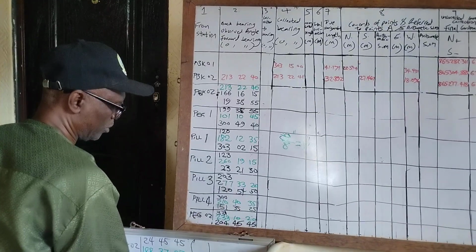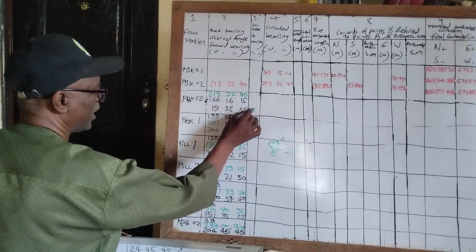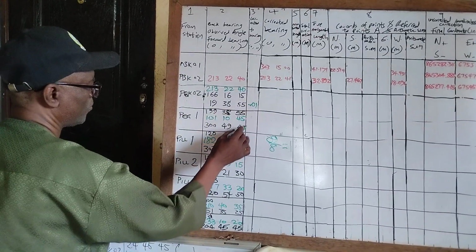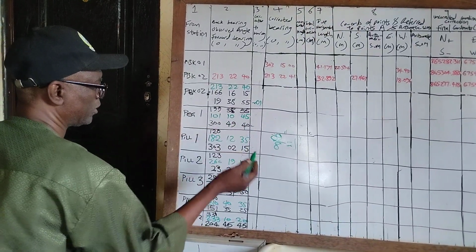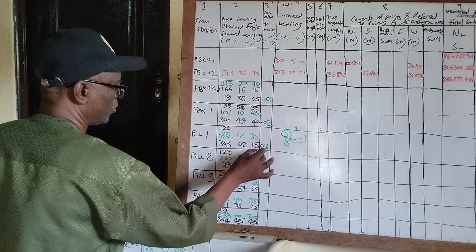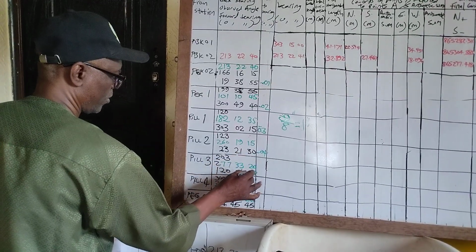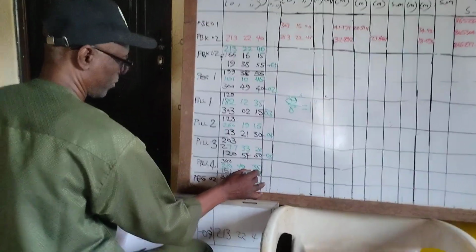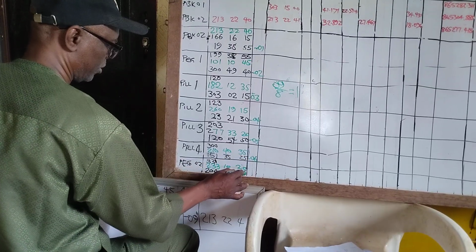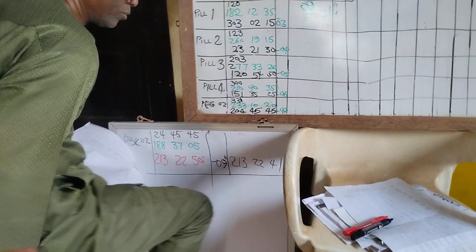But remember this sign, minus, is very important. So from here, you can see this minus 0.1 is cumulative. 0.2, minus 0.3, minus 0.4, minus 0.5, minus 0.6, minus 0.7, minus 0.9.